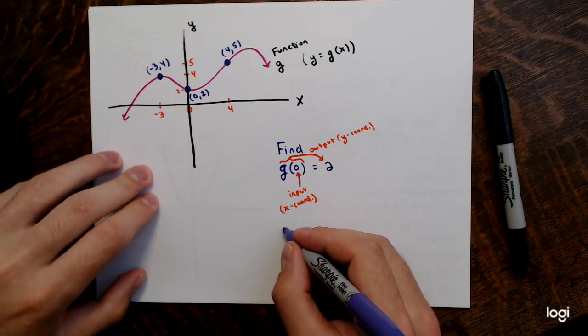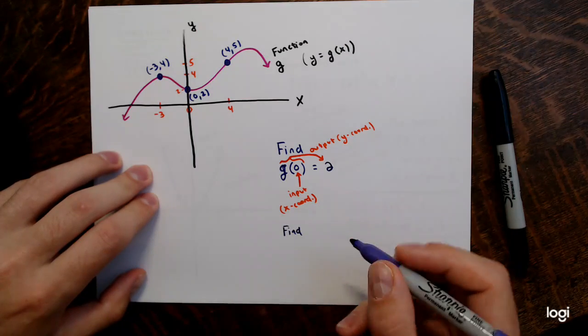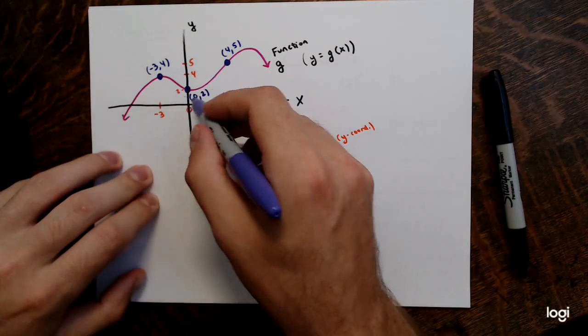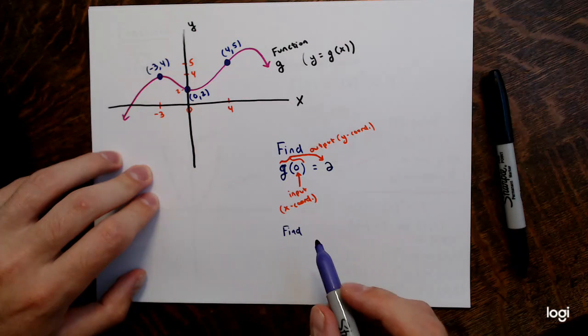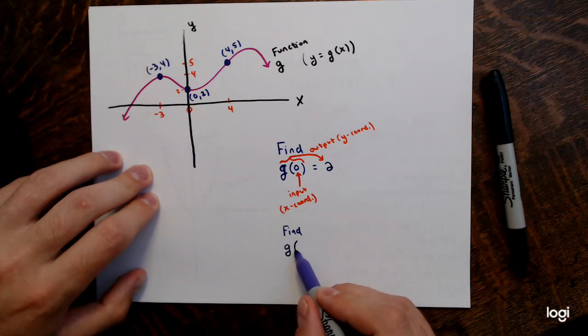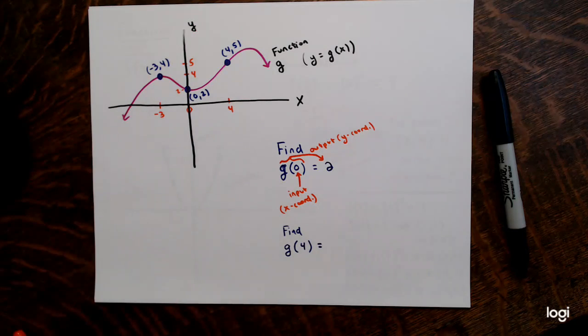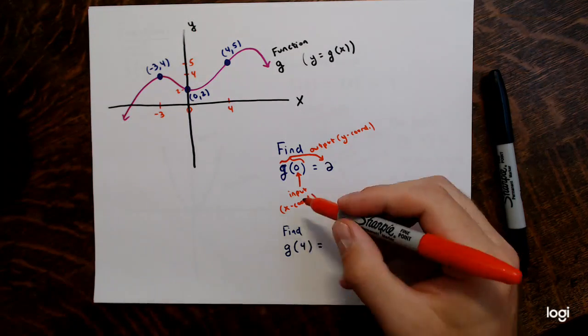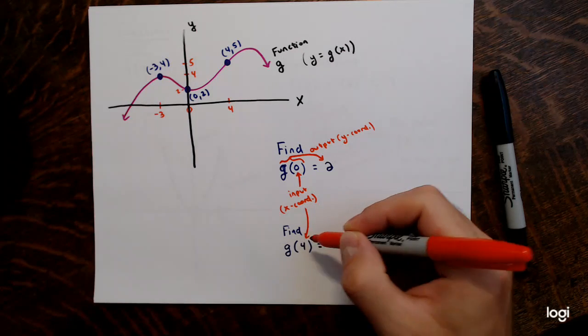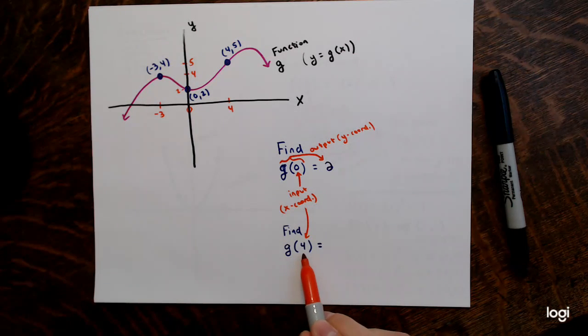So I can do this a couple more times here. Same thing, I'm given the graph of some nonlinear function g. Find, say, g of 4. Now I look at my picture, and this is asking me to find the y-coordinate when the x-coordinate is 4.